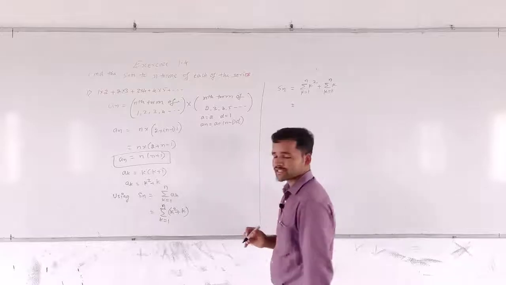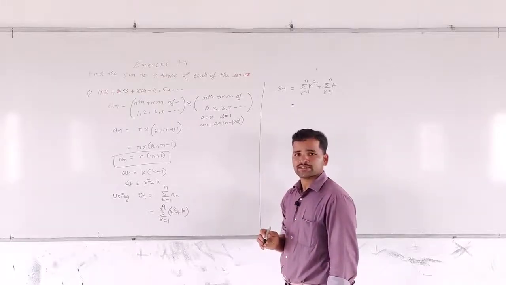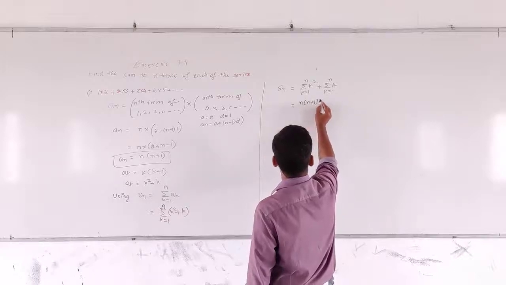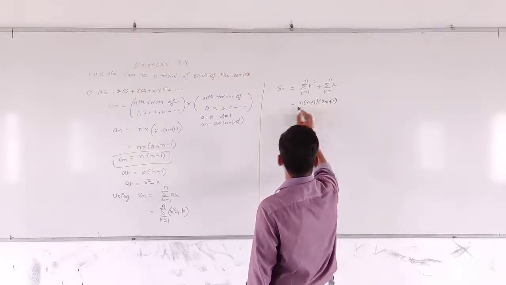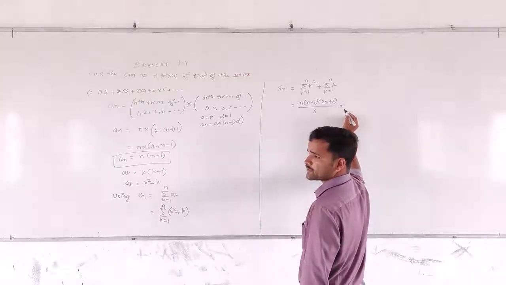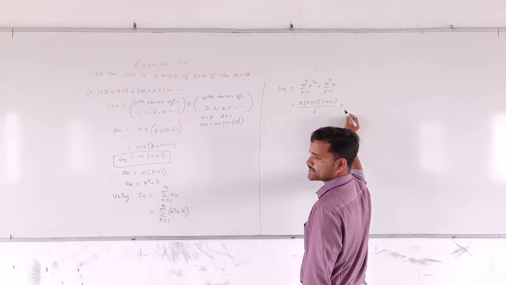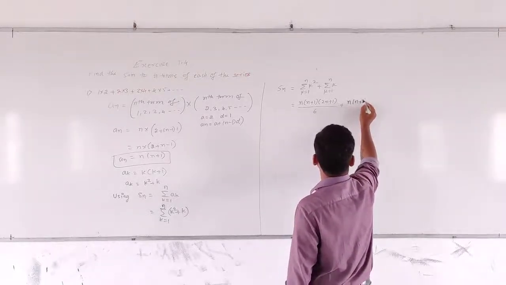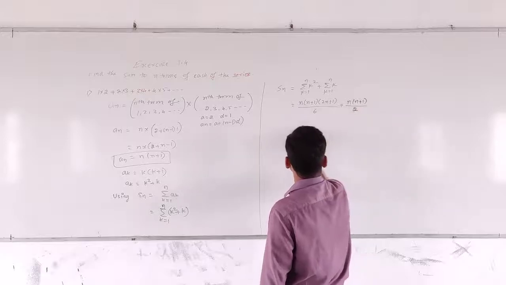What is the summation of k square? The sum of squares of first n natural numbers, that is nothing but n into n plus 1 into 2n plus 1 by 6, plus the summation of k, which is 1 plus 2 plus 3 up to n. That means the sum of first n natural numbers. We have the formula n into n plus 1 by 2.